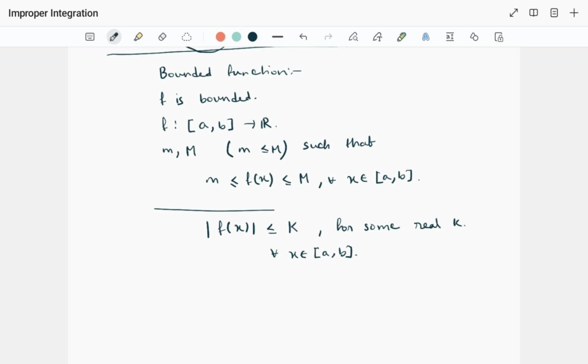Now we already know what a proper integral is. A proper integral means the usual integration that we already know about.